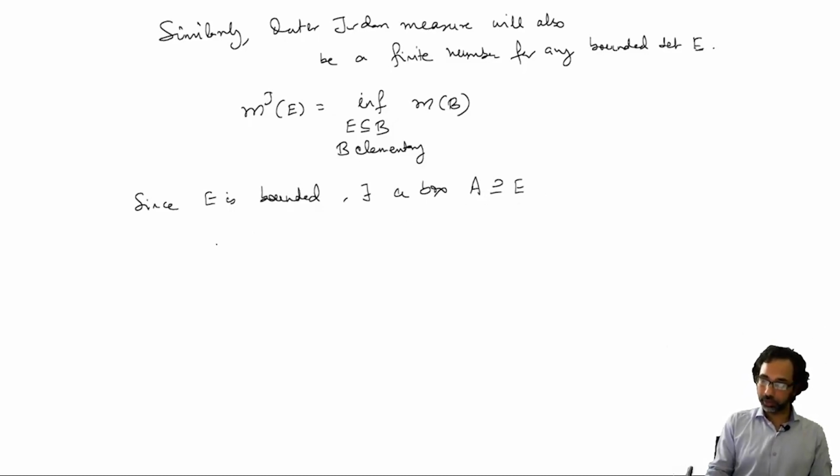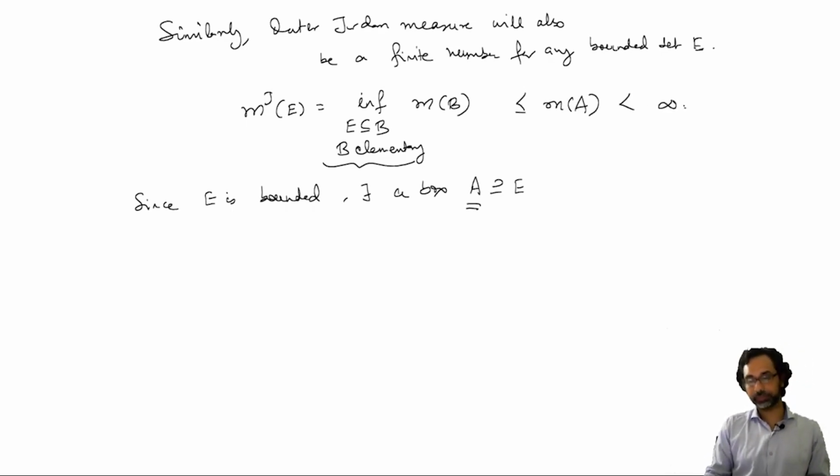So this box A is now admissible in this collection of elementary sets which contain E. Therefore, this is always less than or equal to M of A, which is finite.